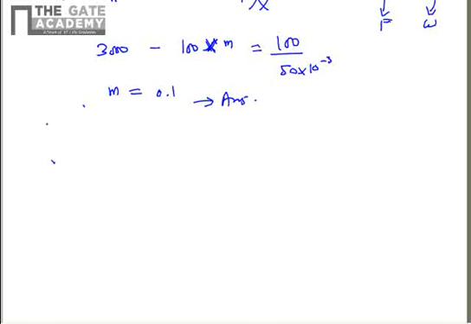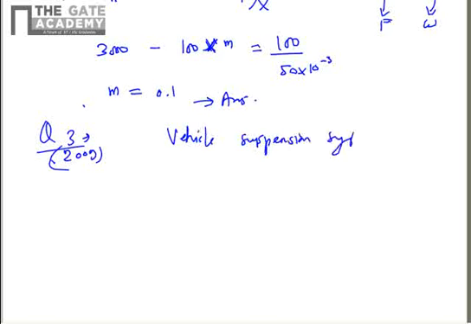We'll take another GATE examination question that was asked in the year 2009. Here it is given that a vehicle suspension system has a spring and a damper, obviously.